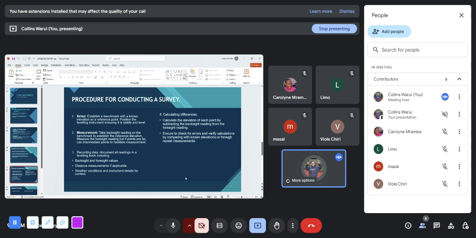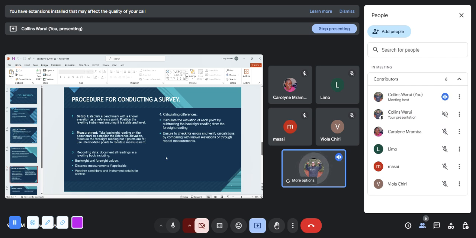The other part is recording data. You document all the readings in a leveling book, including the backside and foresight values, distance measurements if applicable, weather conditions, and instrument details for context. This is self-explanatory.